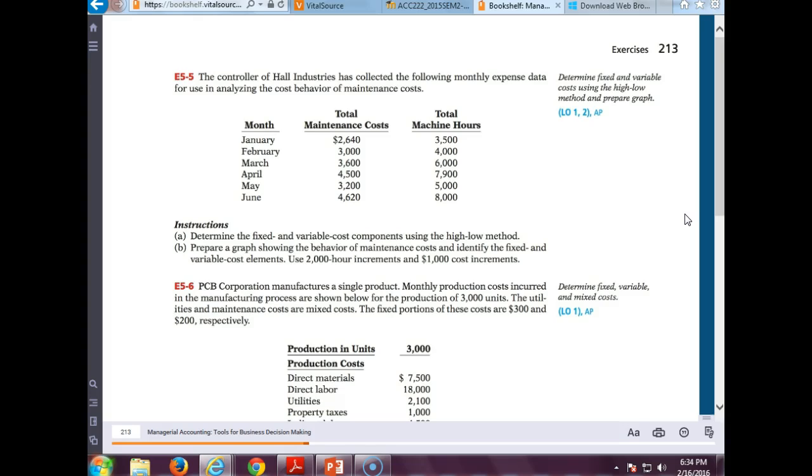The Controller of Hall Industries has collected the following monthly expense data for use in analyzing the cost behavior of maintenance. Determine the fixed and variable cost components using the high-low method. Then prepare a graph showing the behavior of maintenance costs. We're not going to do that one. We're just doing A. So what is the high month?